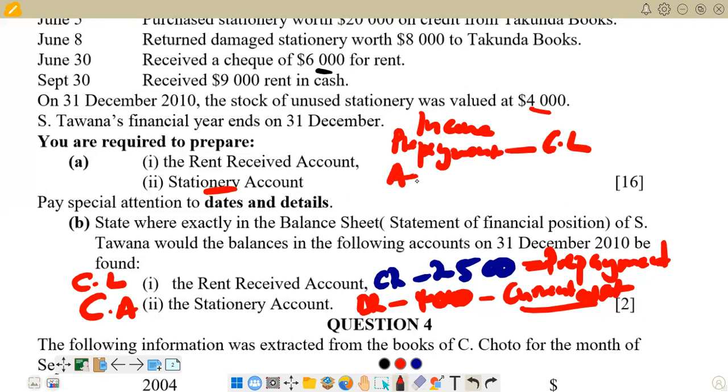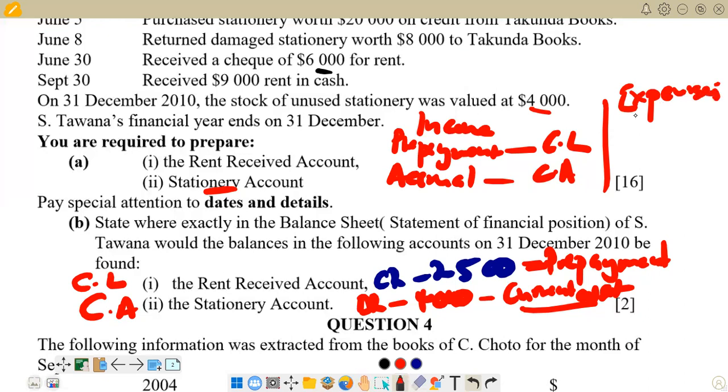If it's an accrual or an owing figure at the end of the period, this one represents a current asset. The opposite is true when we are looking at expenses. When it's a prepayment, we represent it as a current asset. When it's an accrual or an owing, we represent it as a current liability. So that's what we have on this question.